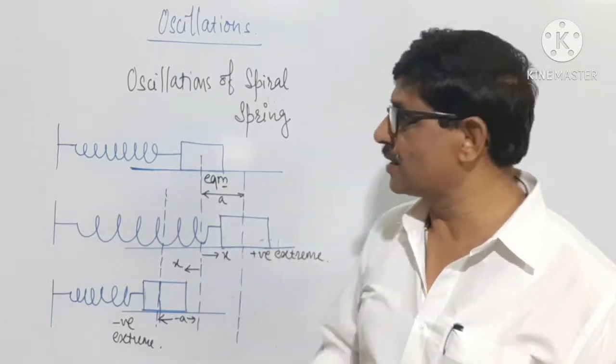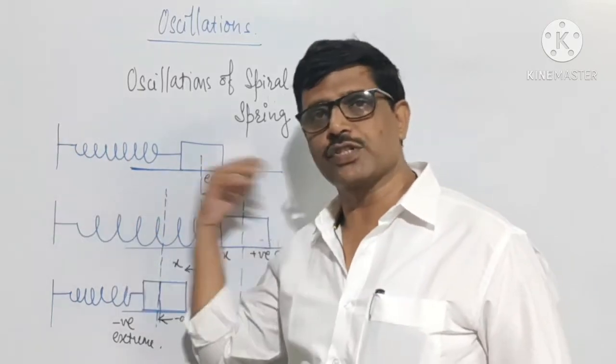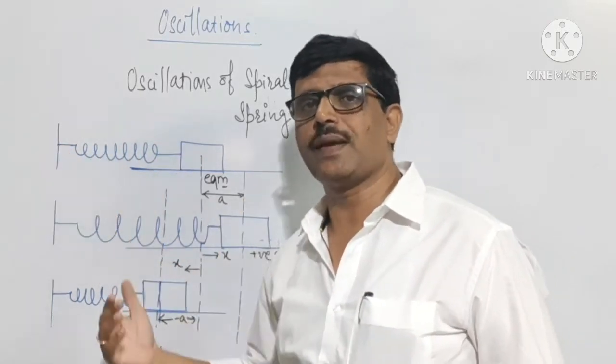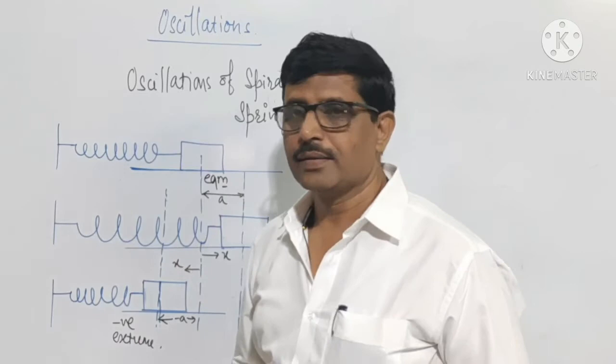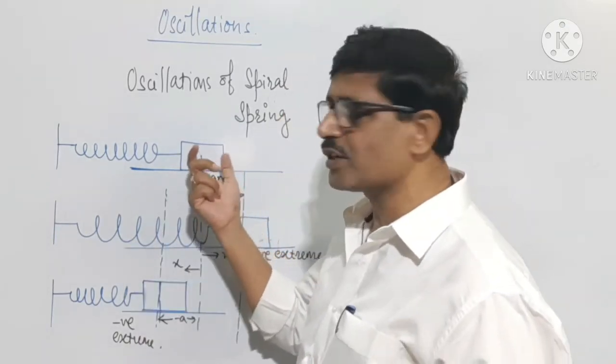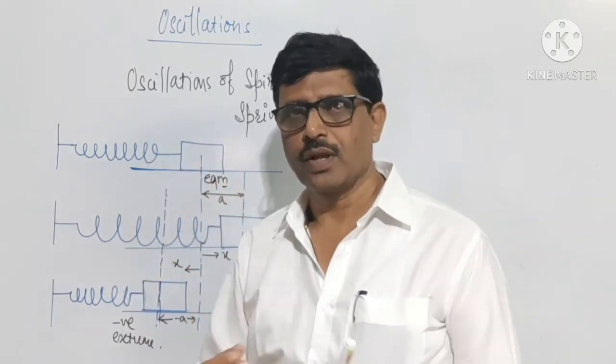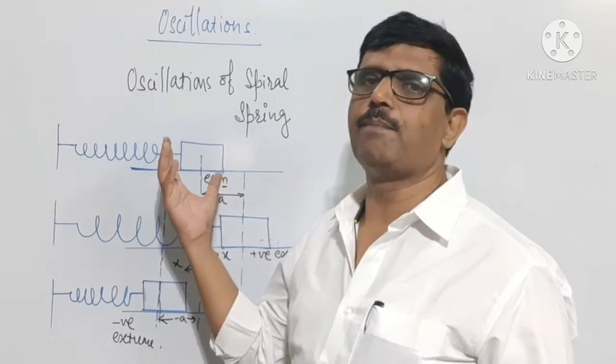Dear friends, let us consider a spiral spring which is kept horizontal on the table. The free end of the spiral spring is attached with some mass. Here it is a block.